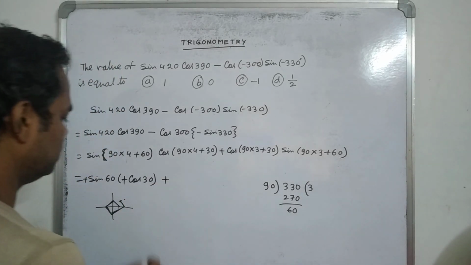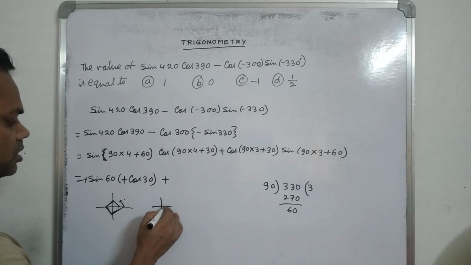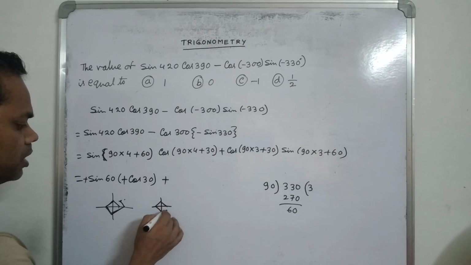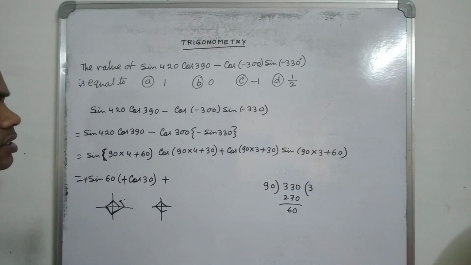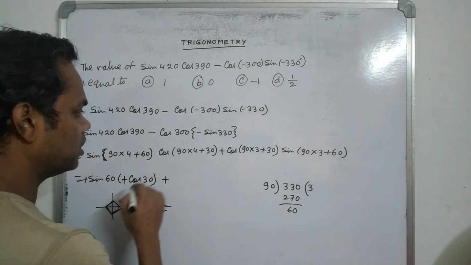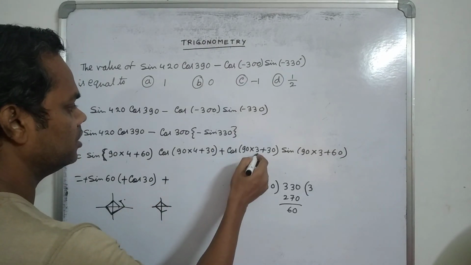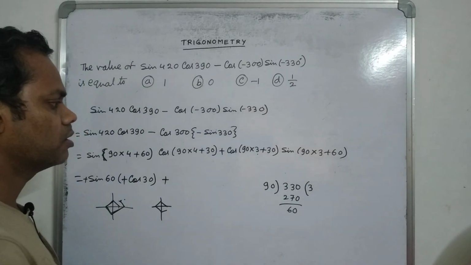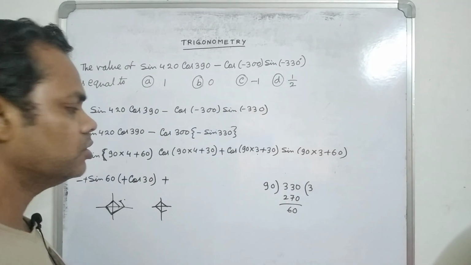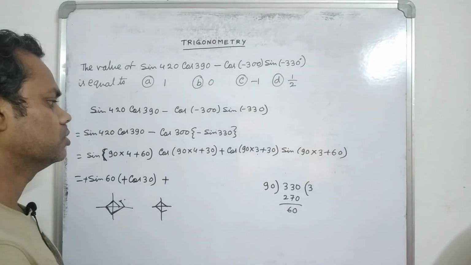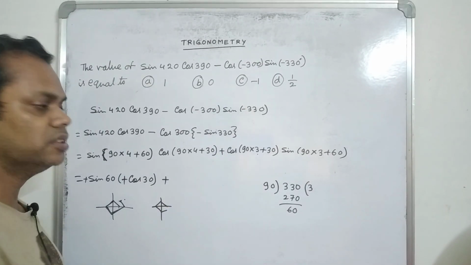Then 90 into 3 plus 30 lies in the fourth quadrant. In the fourth quadrant cos is positive. 90 into 3 is an odd multiple of 90, so cos changes to its complement.